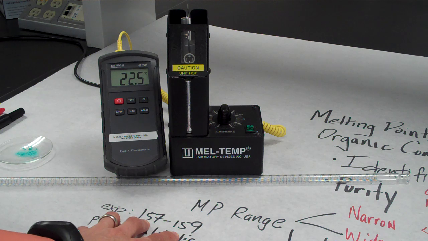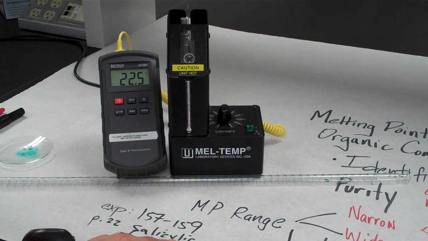Okay? Then you would also prepare a pure sample of what you guess to be your unknown. Okay? And you would prepare a mixed sample of your unknown and the pure. And you would measure those two in a subsequent experiment as well, side by side.